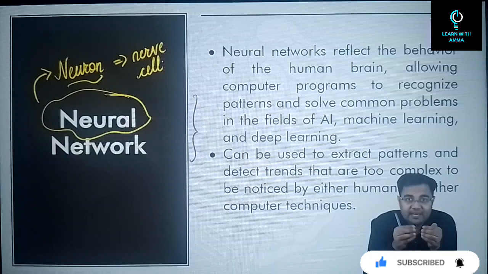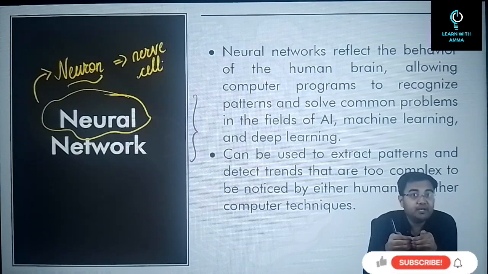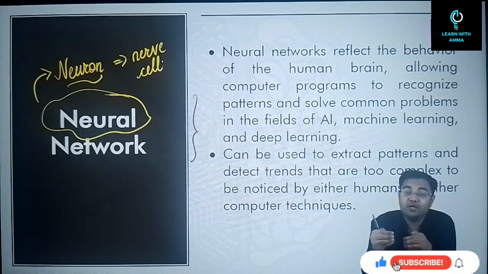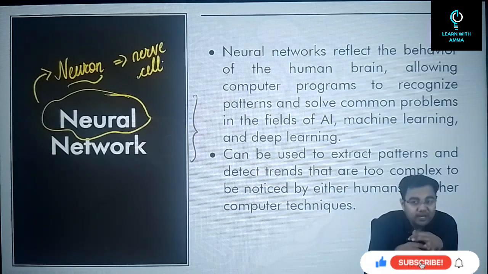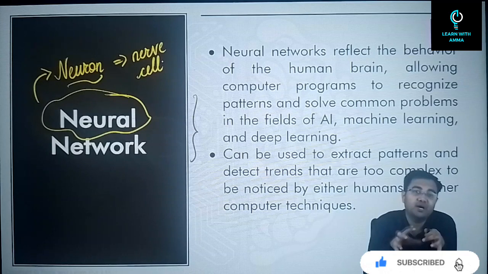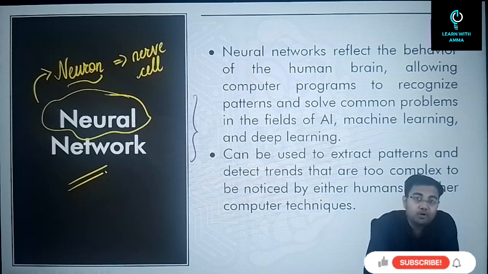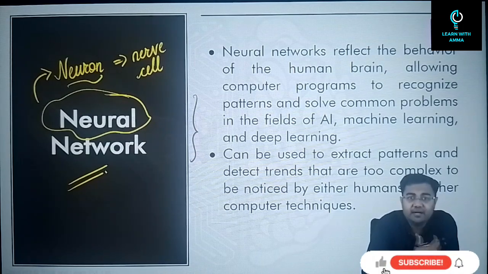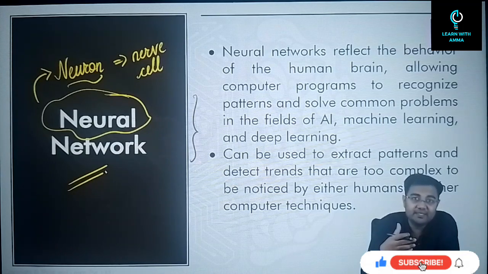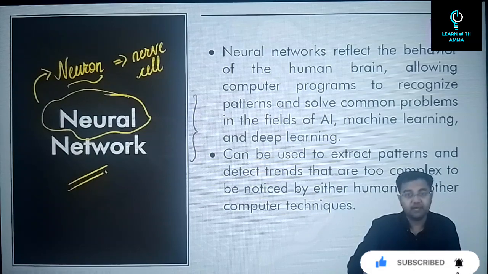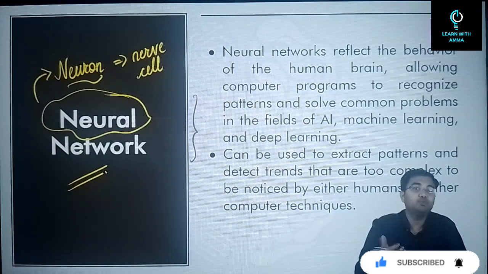Now in artificial intelligence, because we are trying to replicate the human brain, there is something which is called as neural network that also works very similar to how a network of neurons work in our body. And that's why this entire system has been named as neural network. So when we talk about neural network, this is nothing but a network of neurons, network of different processes, everything running together that would understand something, that would understand the pattern, the behavior, the environment, and give output accordingly.